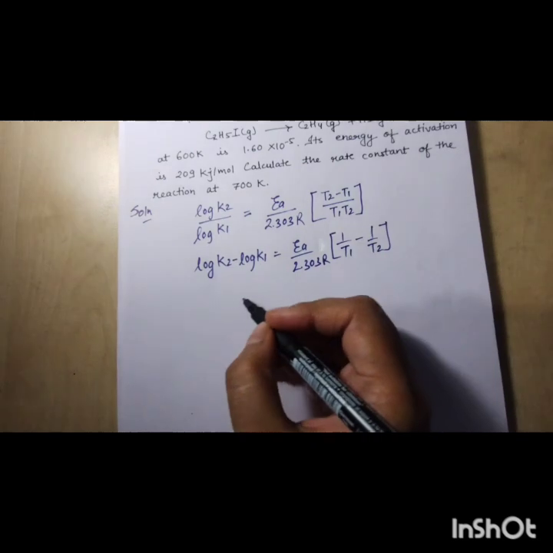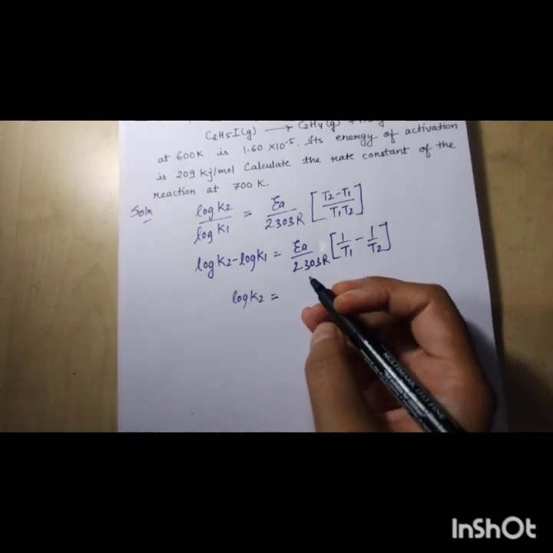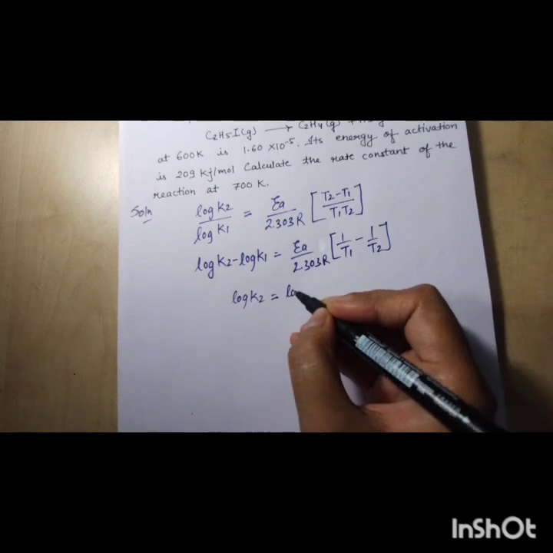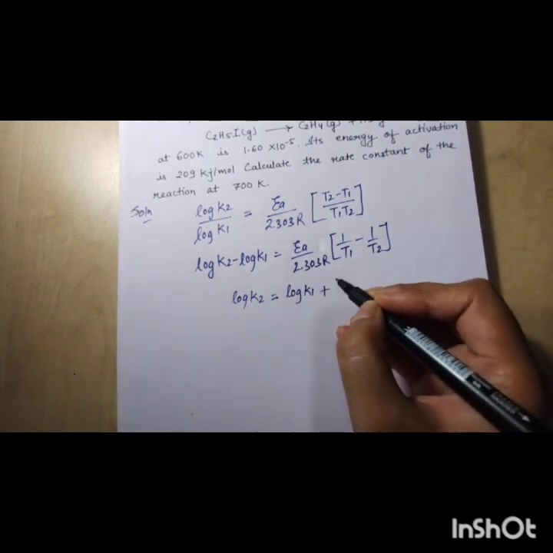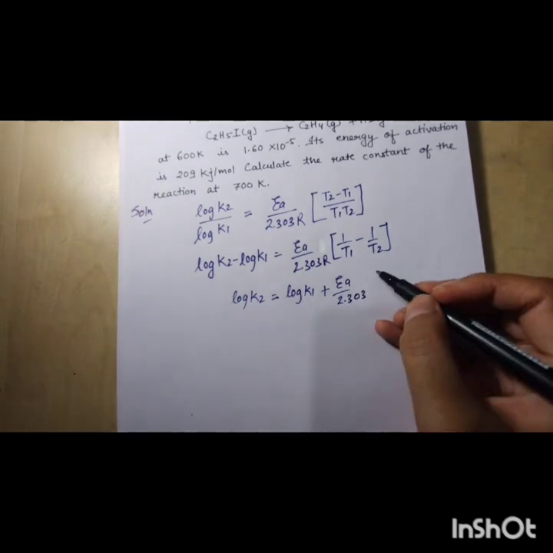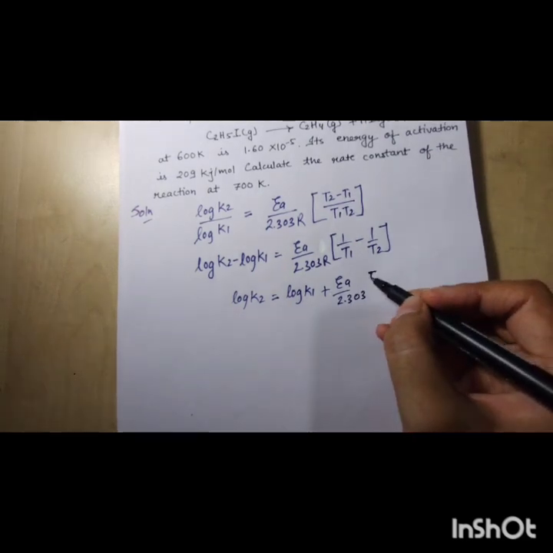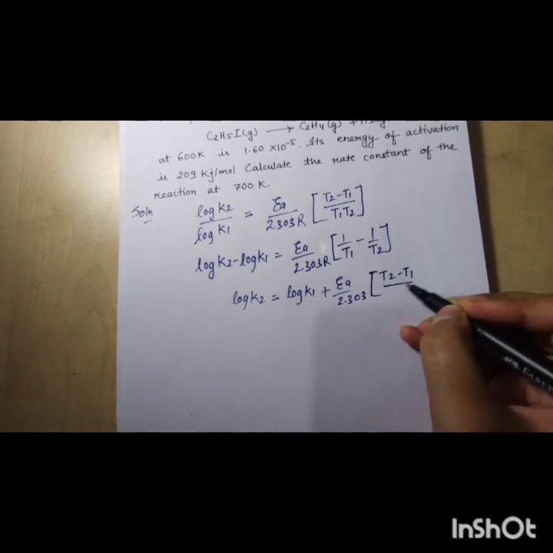So which can be written as log K2 is equal to log K1 plus EA by 2.303 R into T2 minus T1 upon T1 T2.